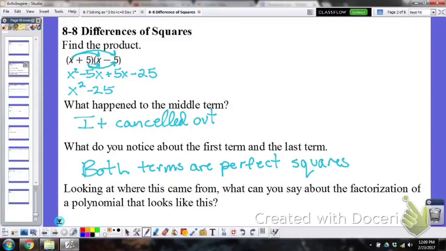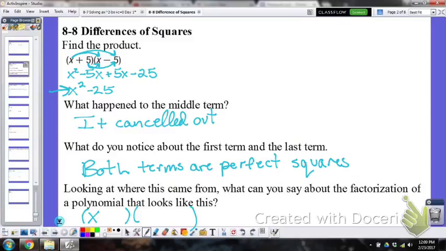So looking at where this came from, what can we say about the factorization of a polynomial? It came from x plus 5 times x minus 5, and we got x squared minus 25. I can tell that the first term in my parentheses is going to be the square root of the first term, and the square root of x squared is x.